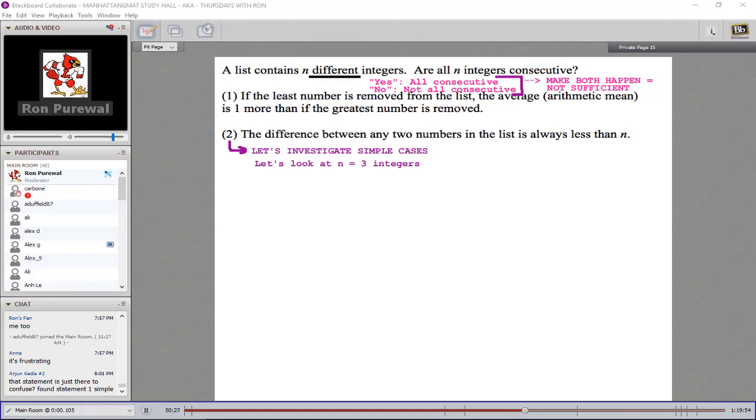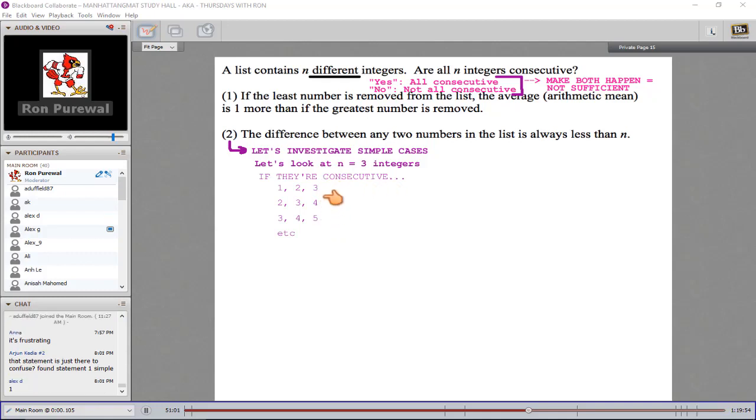If we actually have consecutive integers, let's just look at a couple examples of that. So, like 1, 2, 3, 2, 3, 4, 3, 4, 5, etc. What's the biggest difference between any of these?